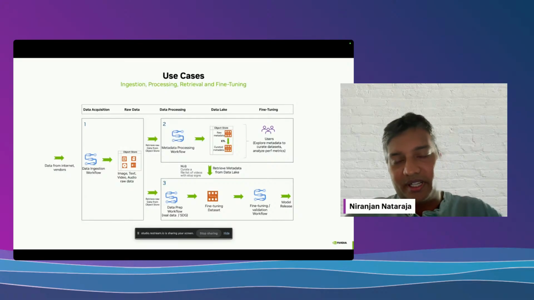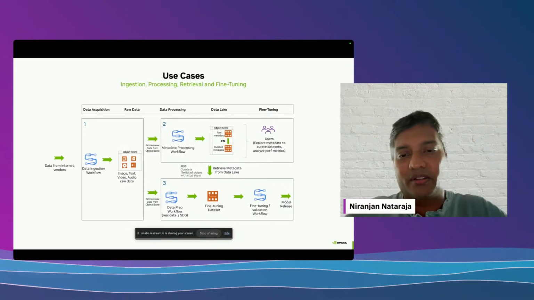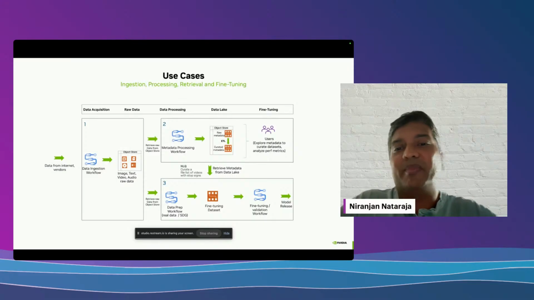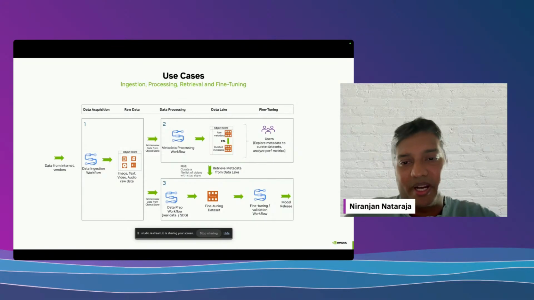This goes through the regular data ingestion workflow process, which is stored on the object store. It can be raw formats of images, text, videos, and sometimes this also involves generating synthetic data, and that can also be part of the data acquisition or data ingestion workflow.